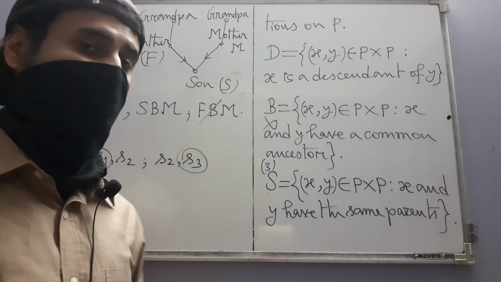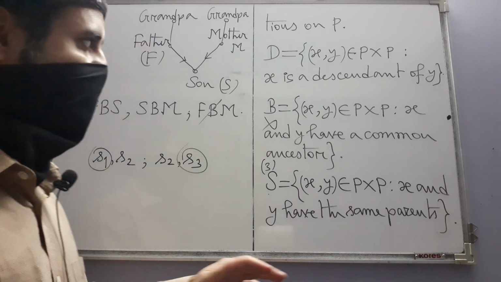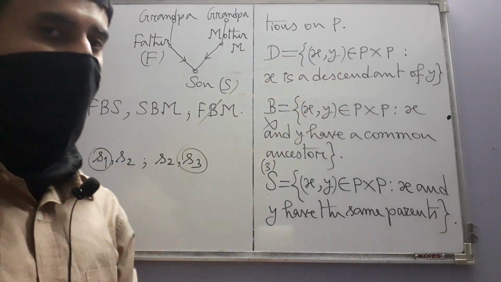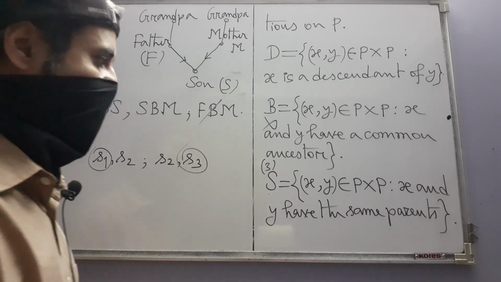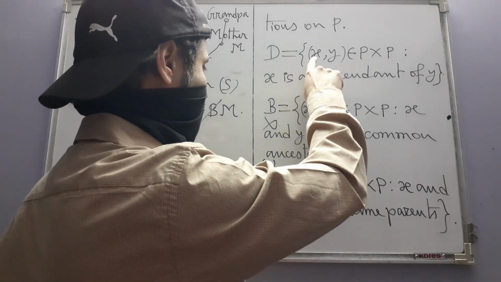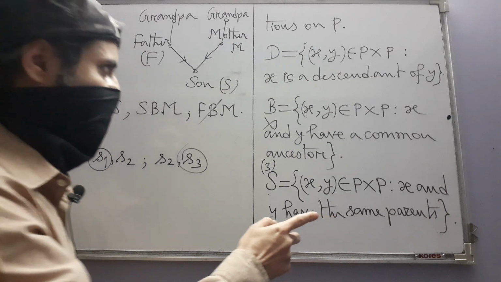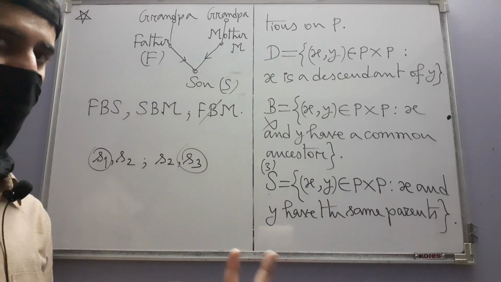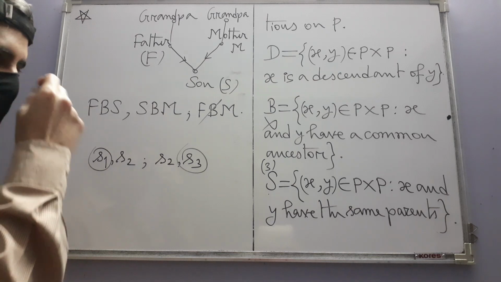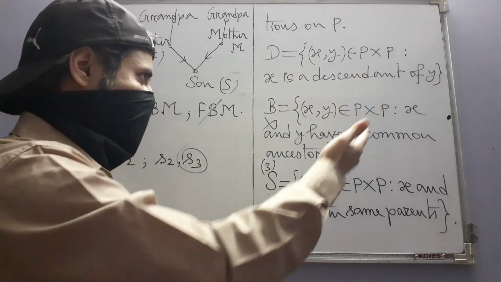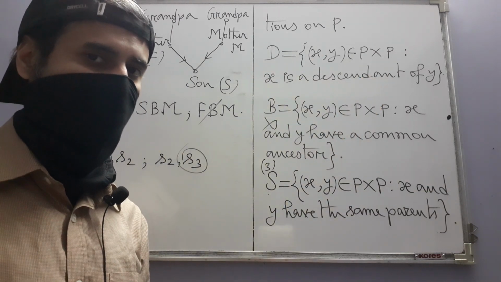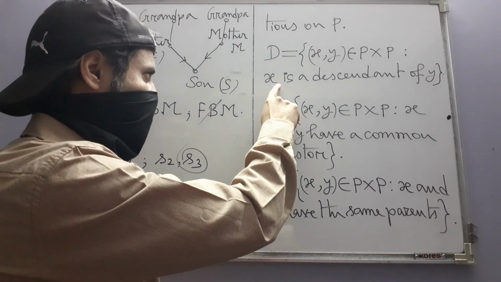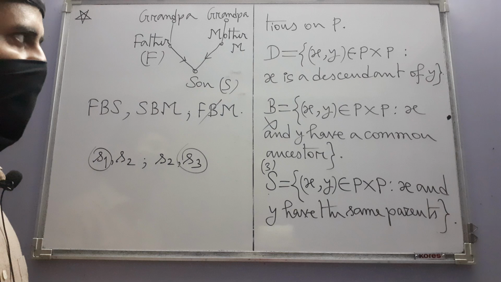And what about the descendant relation? The descendant relation doesn't satisfy comparability. Again, for the same reason, if you arbitrarily choose two persons from the population, or maybe someone who passed away and someone who is alive now, it's not necessary that one of them is the descendant of the other. So comparability is not present here.